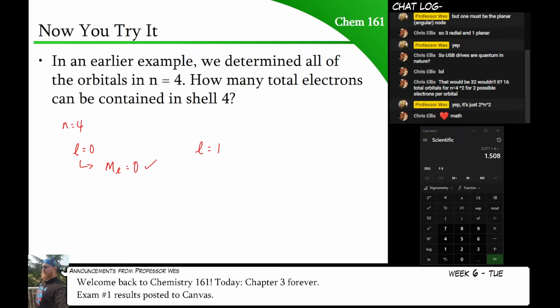All right, based on your notes or previous lectures, if you don't have the notes handy, we said that the number of orbitals in a given n would be equal to n squared, right? So for n equals 4, there would be 16 orbitals.